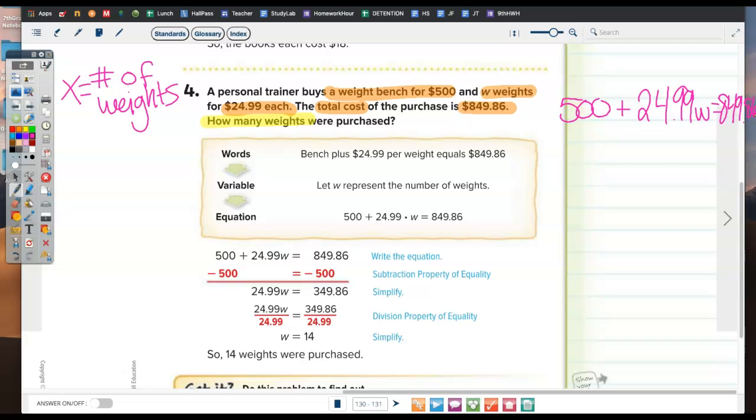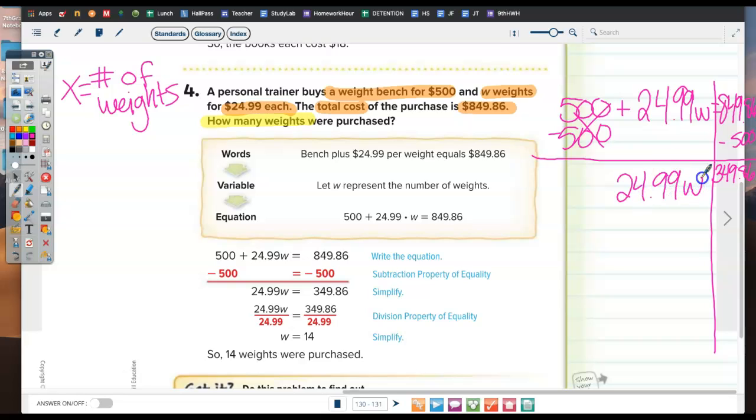Yep, $849.86. Okay, what would I do to solve? Subtract 500. I would get $349.86. And I still have $24.99 W. What would I do to get W by itself? Division. Divide by $24.99.